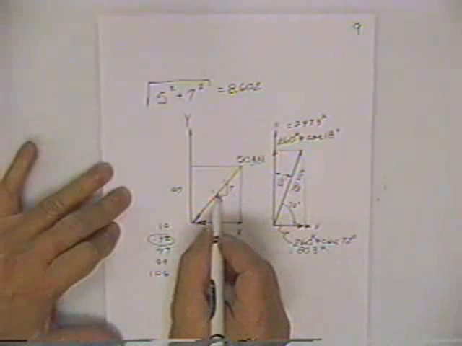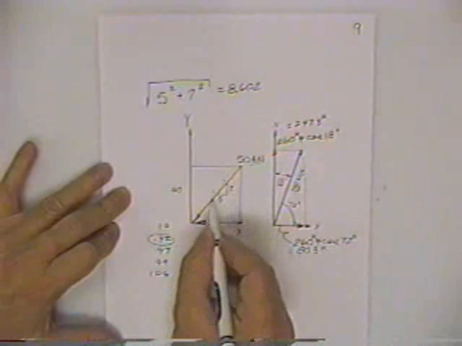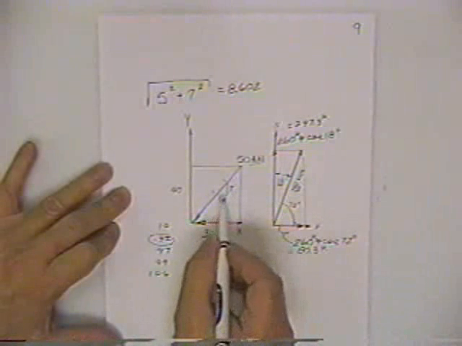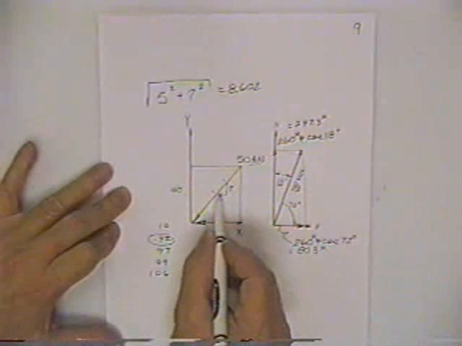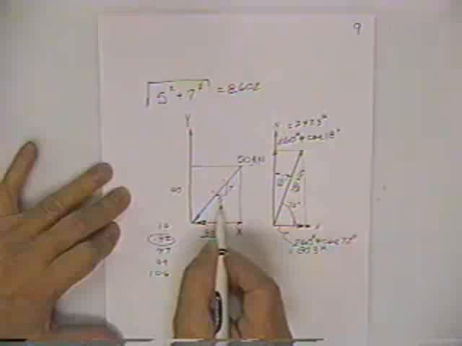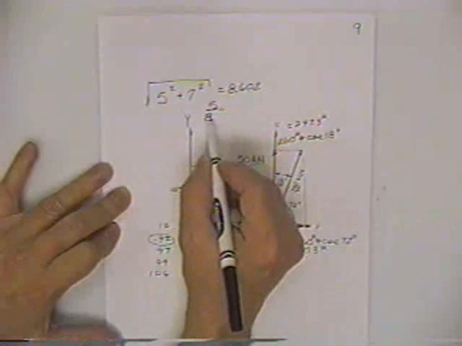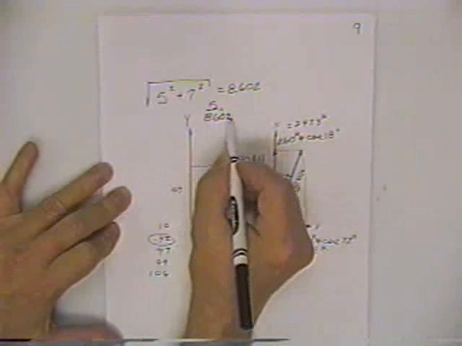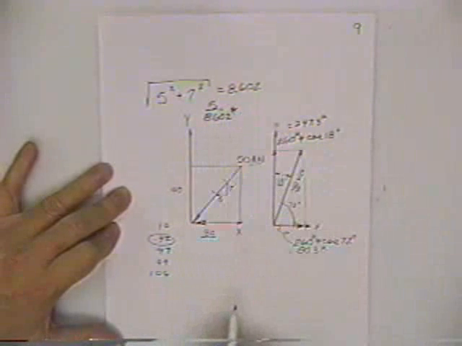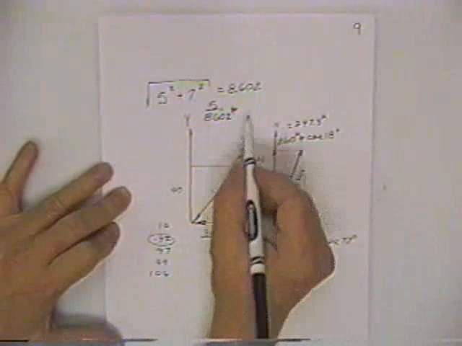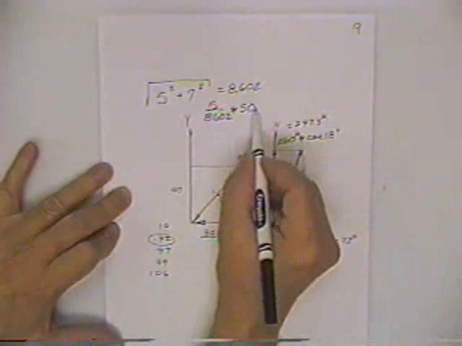So you might as well just say how much this force points in the horizontal direction is 5/8.602 multiplied times the original 50 kip force.